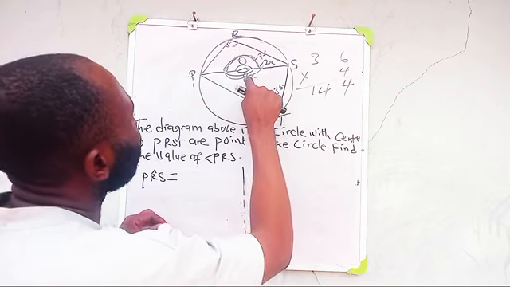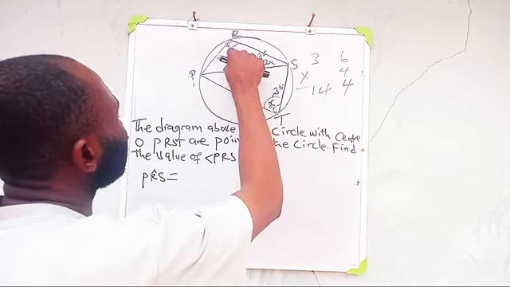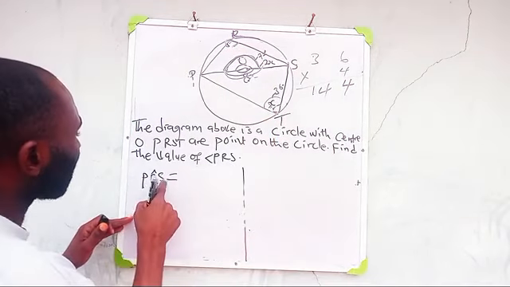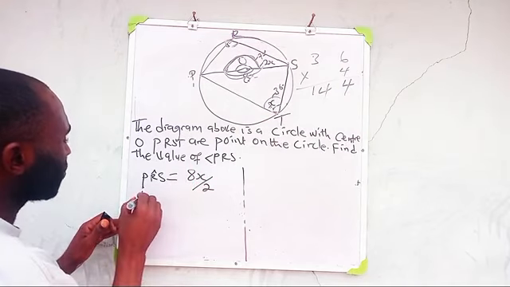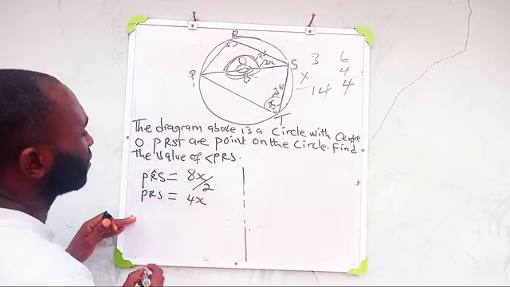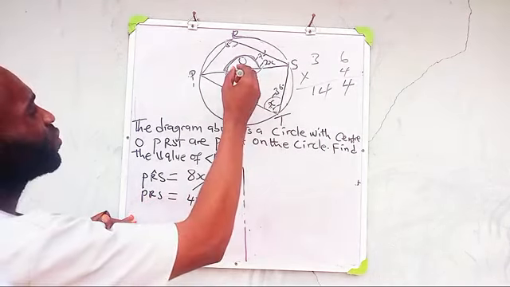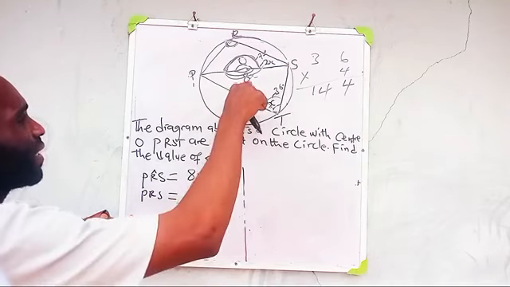So this angle at the center here, 8x, is twice this. So PRS is 8x divided by 2. So PRS is equal to 4x, which means the angle sustained at the center is twice the angle sustained at the circumference. So here is 4x.